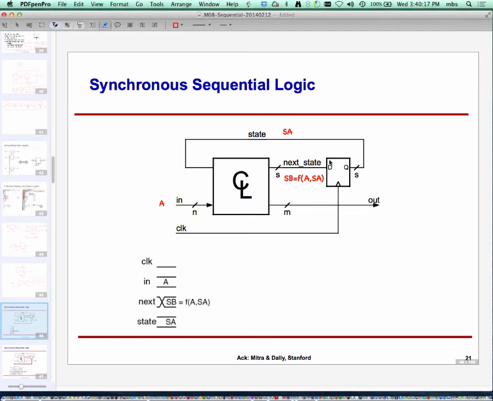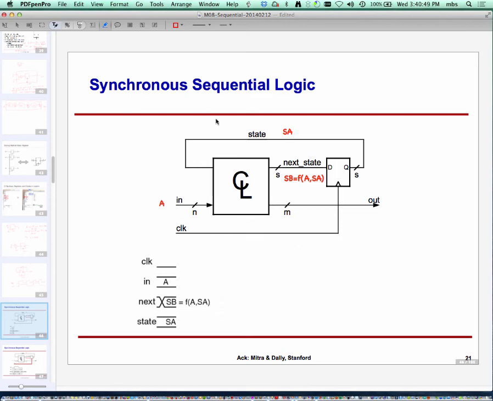When we started out, our flip-flops had some state in them, some content in that memory, and let's say that content was SA. So at the beginning I have A here and SA here, and therefore the next state is a function of A and SA, and let's call that SB. The output will have some other value which is also a function of A and SA, but we are ignoring it for the moment. We just want to see what happens in state.